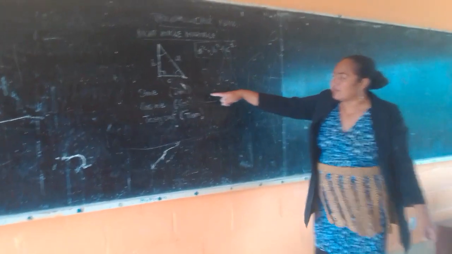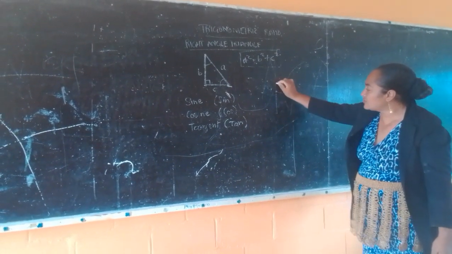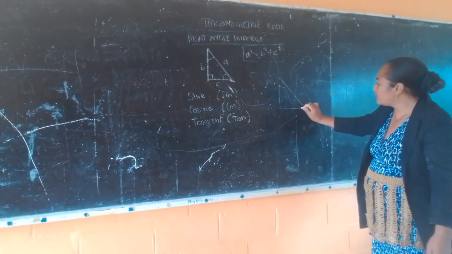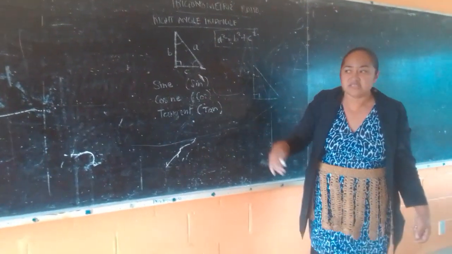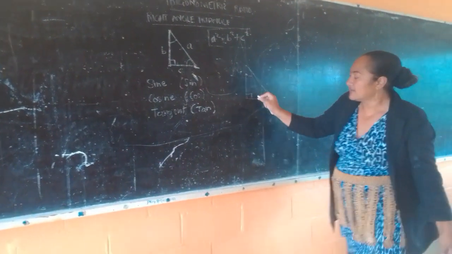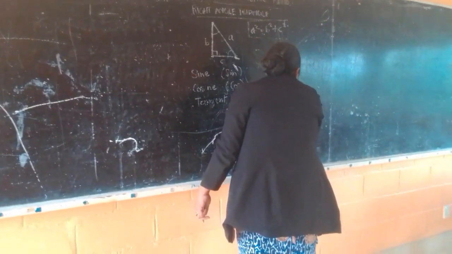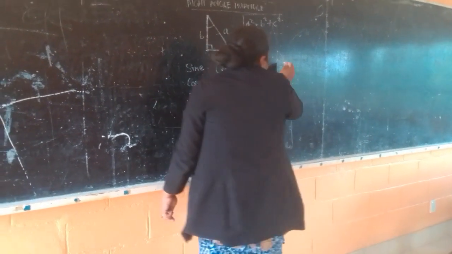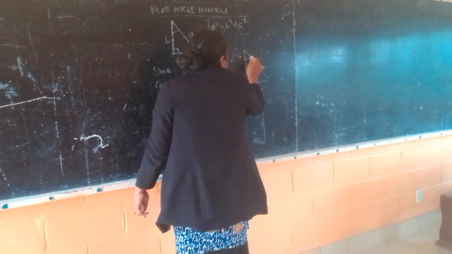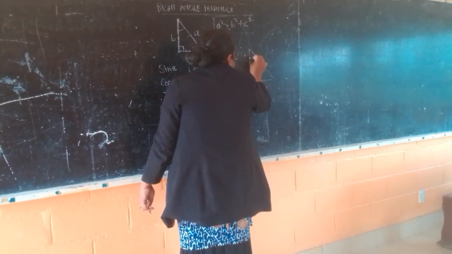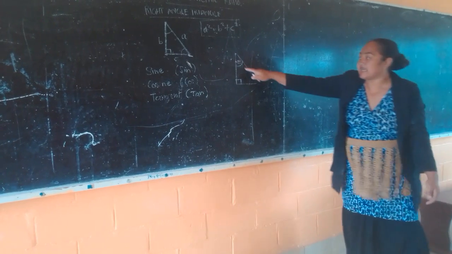Before we move on to the ratio, we have to label the right angle triangle in order for you to be able to use all these ratios. If there's any question given and it has an angle inside, let's just put theta there to represent an angle.